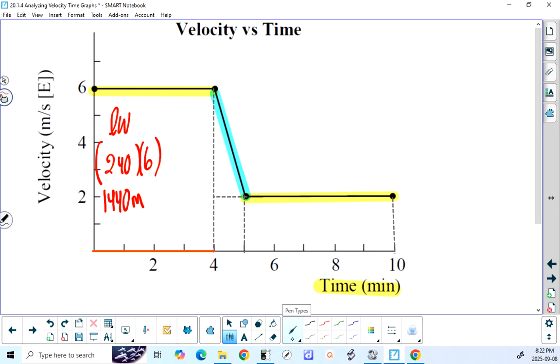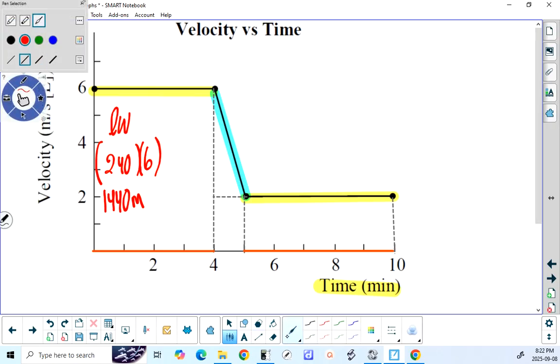This rectangle on the right is also base times height. It's a total of 5 minutes when you take a look at the length of this rectangle. It's 5 minutes. But if we multiply that by 60 seconds per minute, we get 5 times 60 is 300.